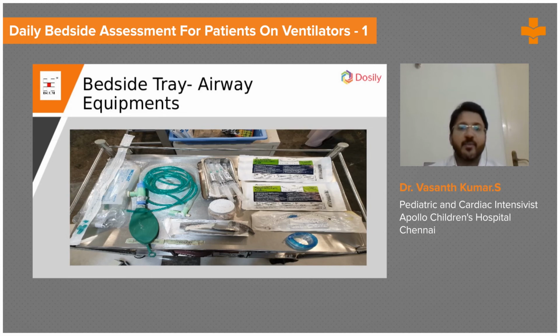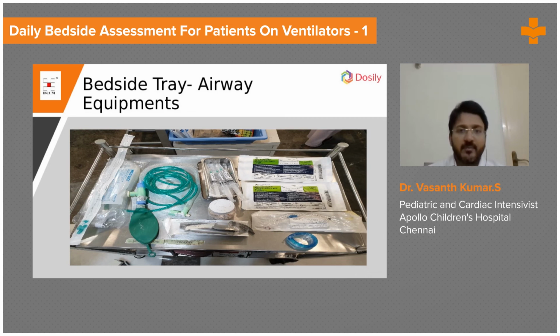The difference between the Bain circuit and the ambu bag is that in the Bain circuit, you always need free flow oxygen. Oxygen should always be going in for the bag to get inflated. But in ambu, you don't need oxygen to be connected. Even if oxygen is not there, you can ventilate with an ambu bag. You can bag with it.